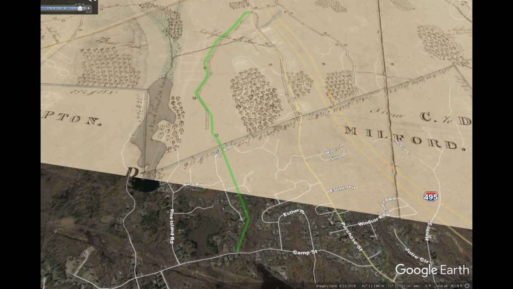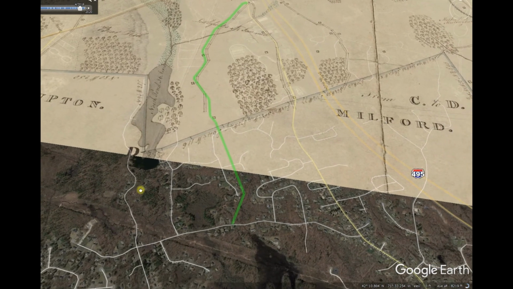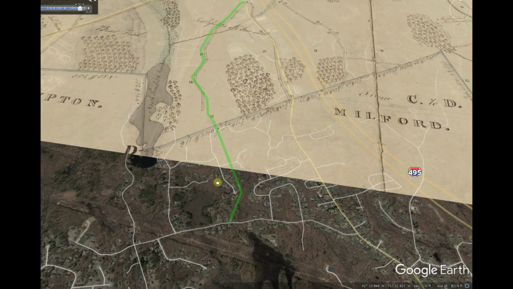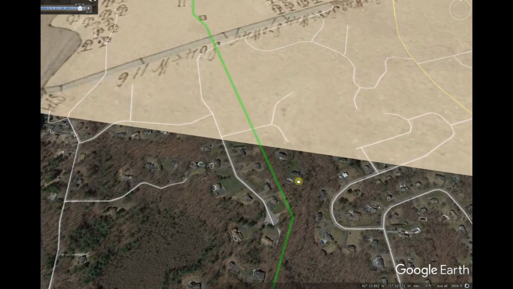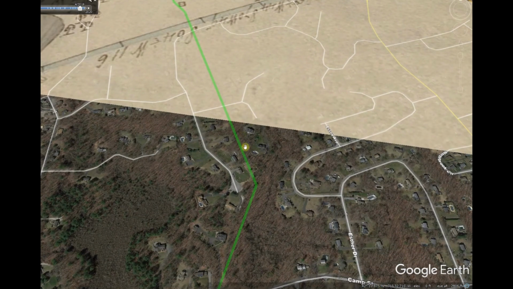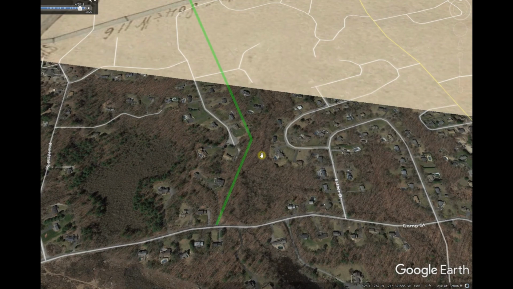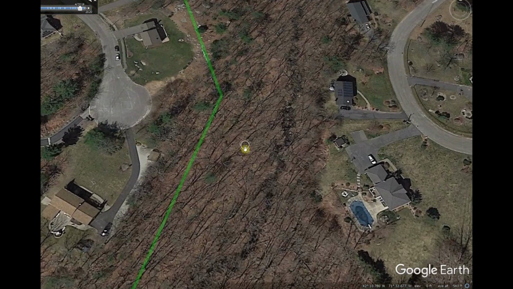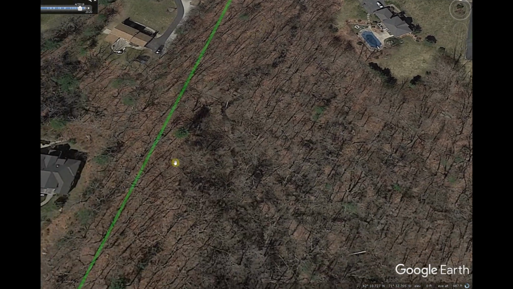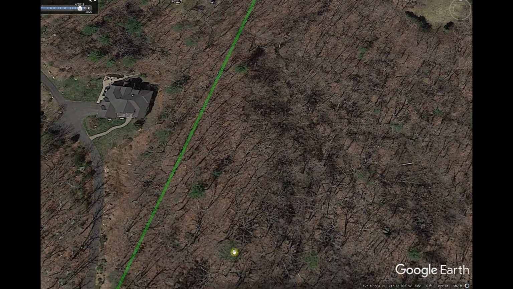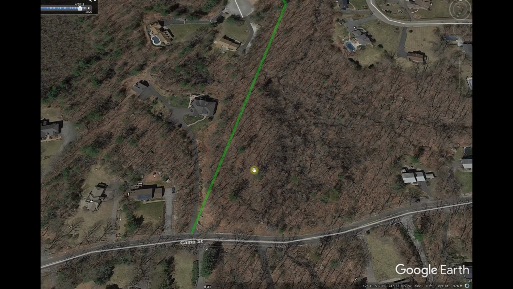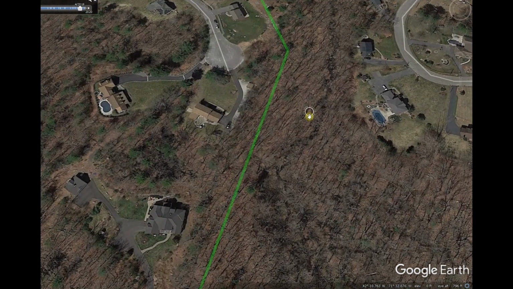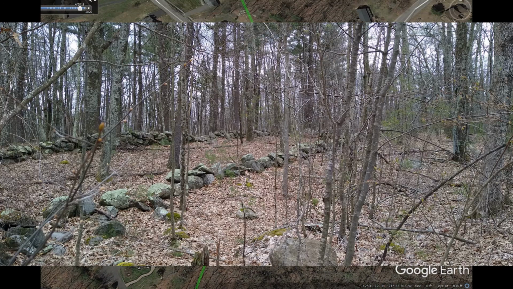If we look closely here, we can see the walls continue past, and they run into Milford, and they run through this subdivision area here. It ran up to some wetlands and some streams, and the road took a turn. You can see it here. It breaks up. It's a very, very ancient cart path, and sections of it are hard to find.